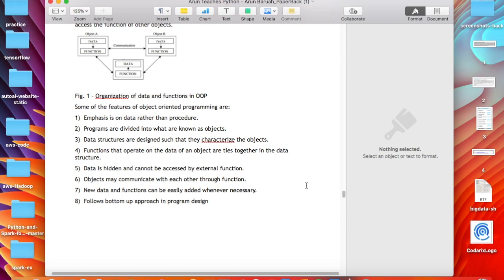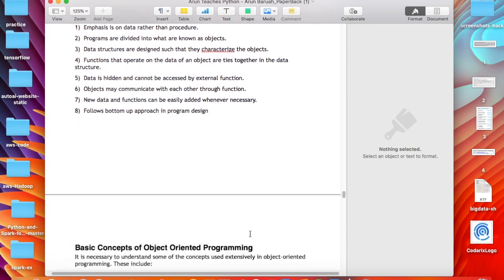Object may communicate with others through function. Okay, new data and functions can be easily added whenever necessary, and it follows bottom up approach in program design.